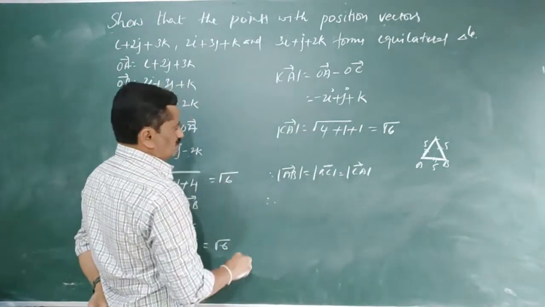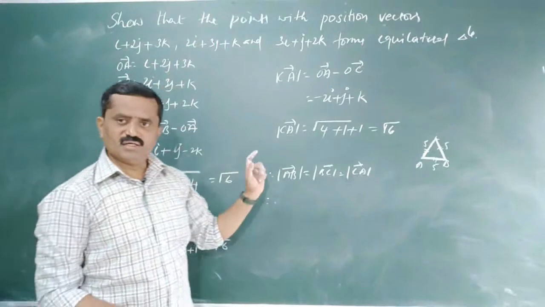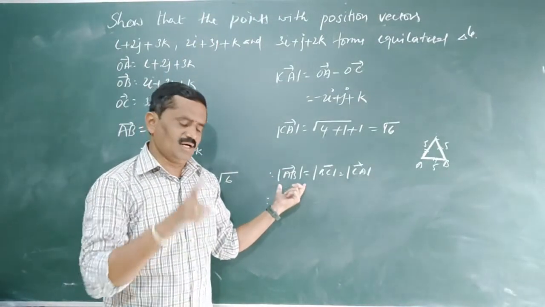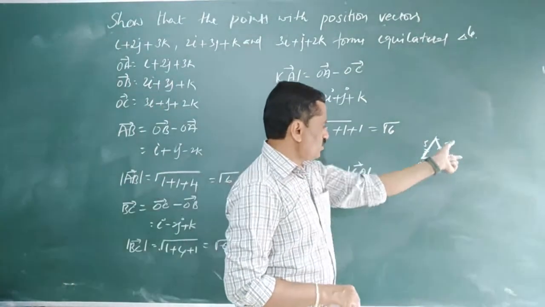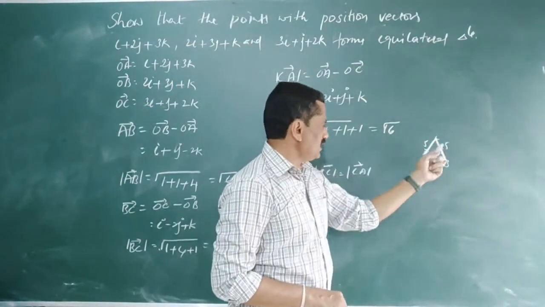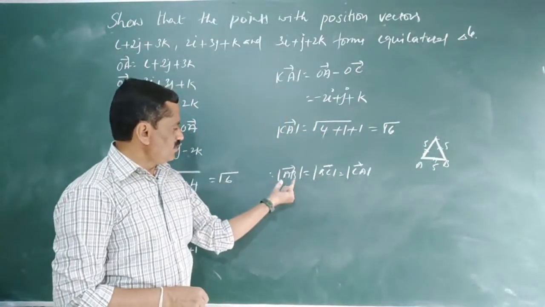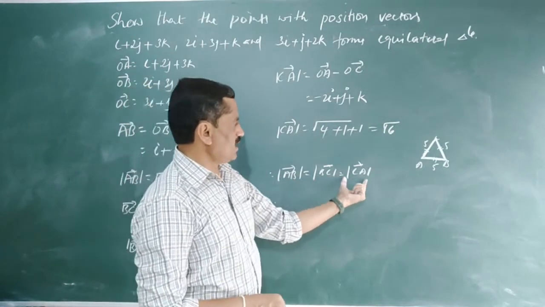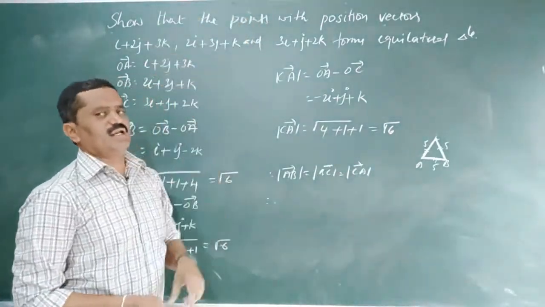Therefore the points with these position vectors form an equilateral triangle. I already told you that if the length of this is equal to the length of this is equal to the length of this, then we say that this triangle is an equilateral triangle. Therefore it forms an equilateral triangle.